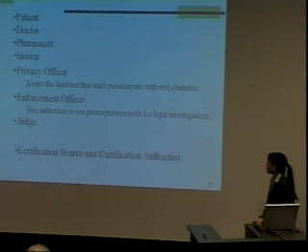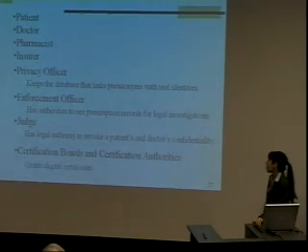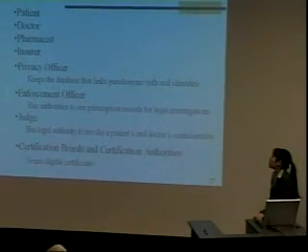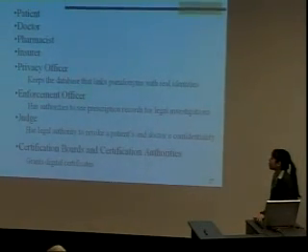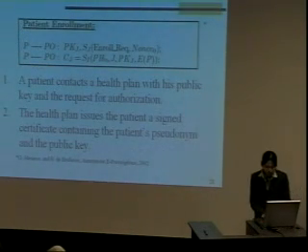But the enforcement officer has to talk to the judge to get the right to revoke a patient's and doctor's confidentiality. Certification boards and authorities grant digital certificates that say, for example, that a patient is enrolled under a health plan and so on. So let's look at the protocol.